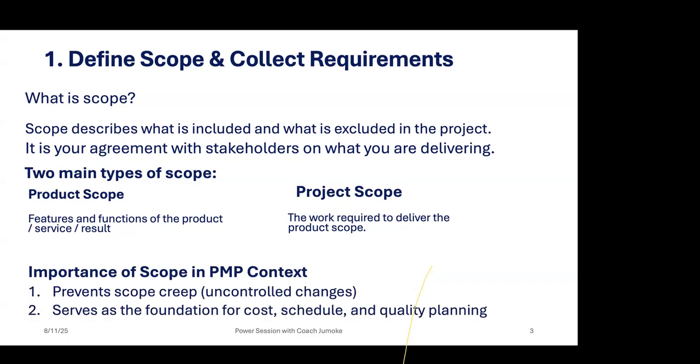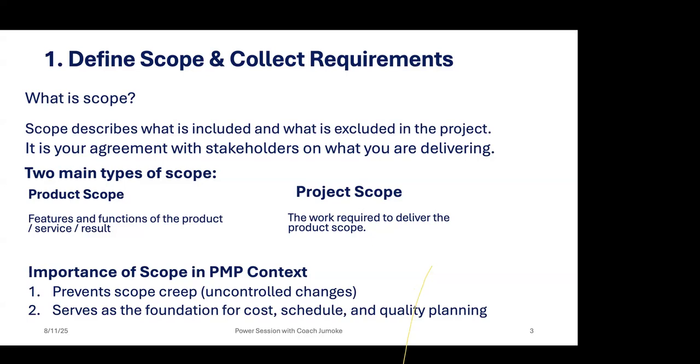One, it helps in preventing scope creep. Scope creep is different from change because change will go through the change process where it will be logged, it will be assessed, presented to the change control board, and then they would make decision.